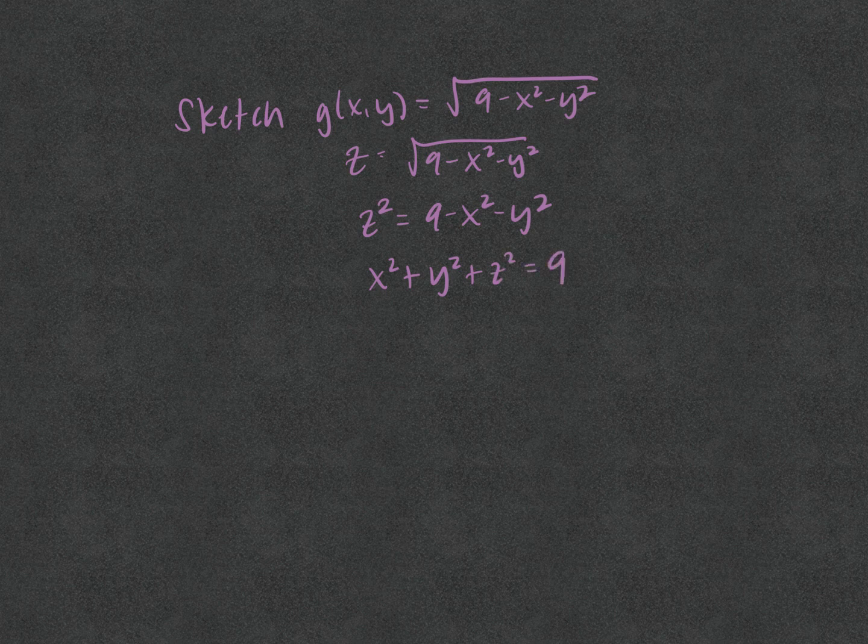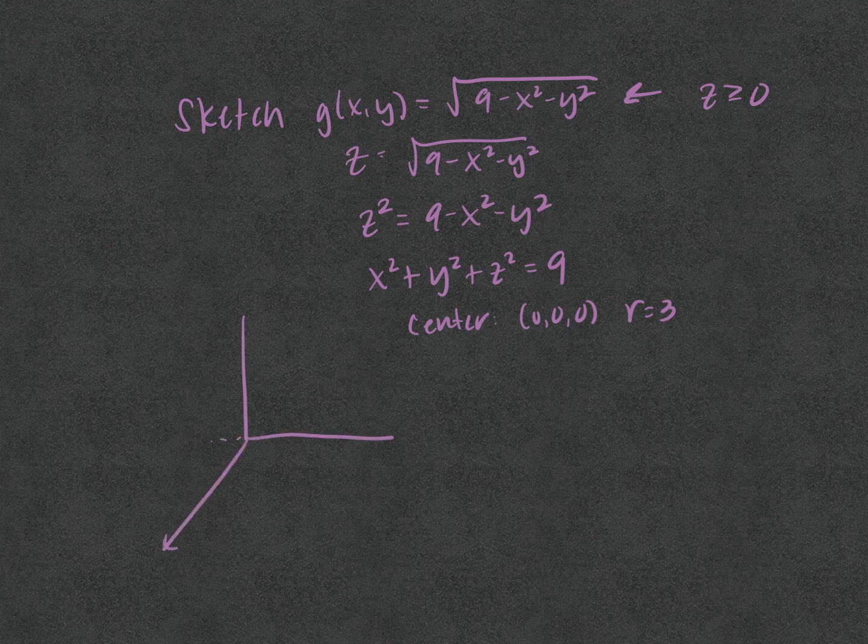Now you can see that that's a sphere with the radius of 3 and a center at (0, 0, 0). But since we have a square root here, we know that the square root must be greater than or equal to 0. So z must be greater than or equal to 0. So what we're looking at is a sphere, and we're looking at the top half of the sphere.